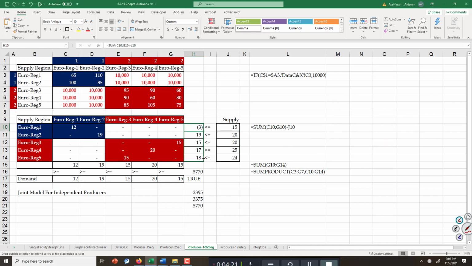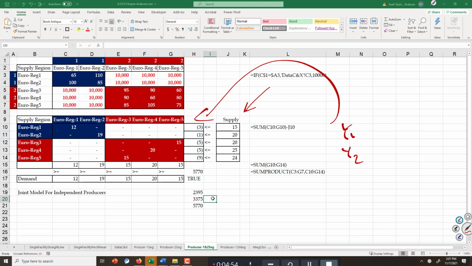And then I copy it down. You may ask why I am doing this. Later on, for extension of this problem, I will add some additional random variables, and I cannot put them here on the right hand side. Variables cannot appear on the right hand side, and that is the main reason.